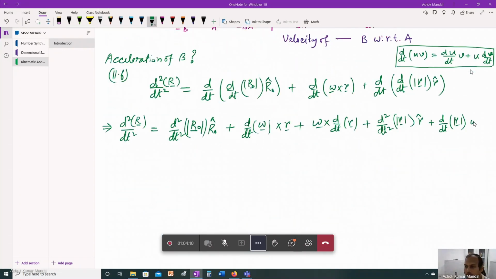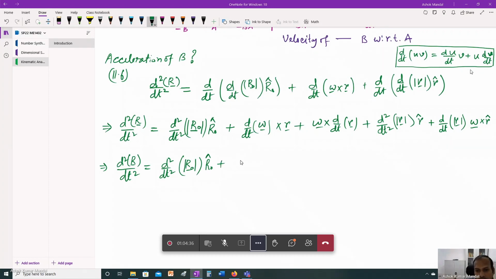So here we are writing omega cross the unit vector. Let us rearrange. What is the physical interpretation of these quantities? We will discuss, don't worry.